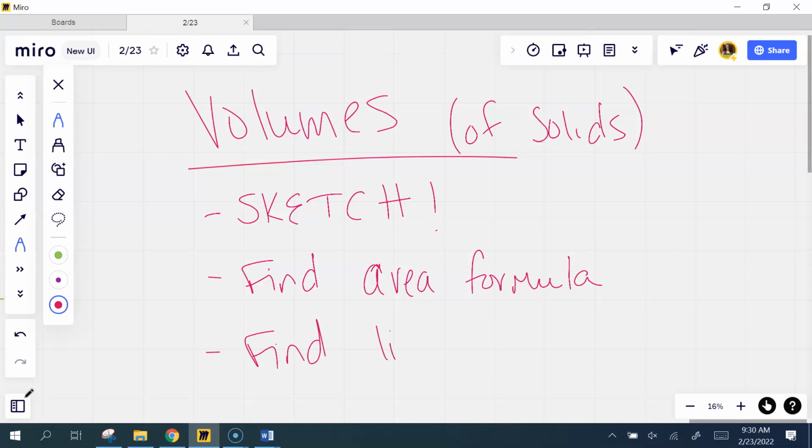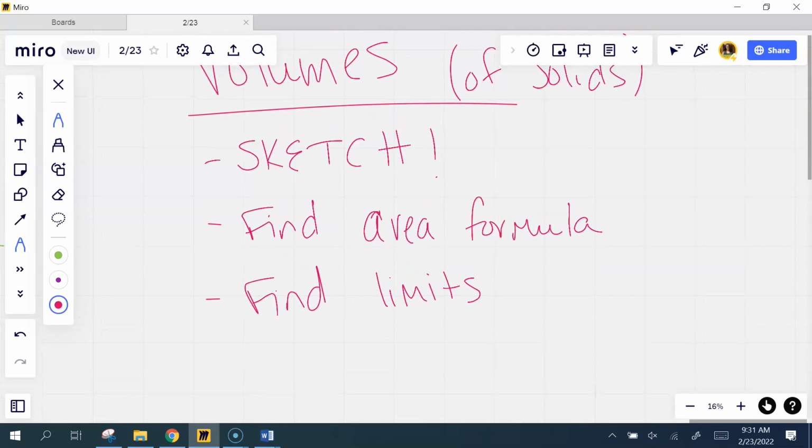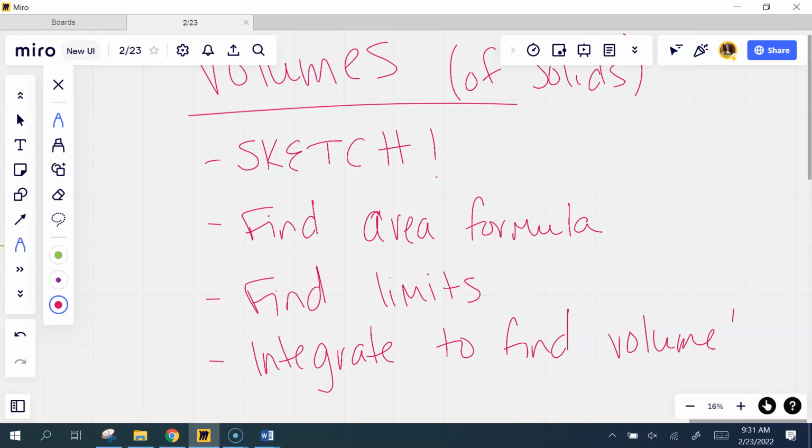You're going to find the area formula. You're going to find your limits as far as what we're going from, which is generally going to be 0 to whatever if I'm talking about a shape. And then I am just going to integrate to find the volume. Yes, because volume's always positive. This is the hardest part on this one right now.